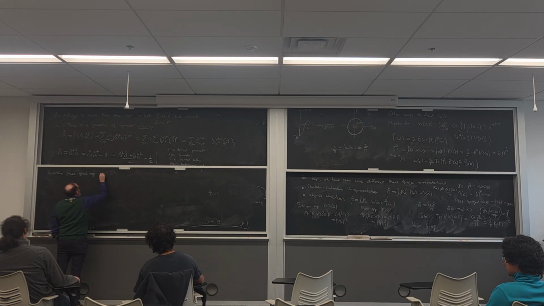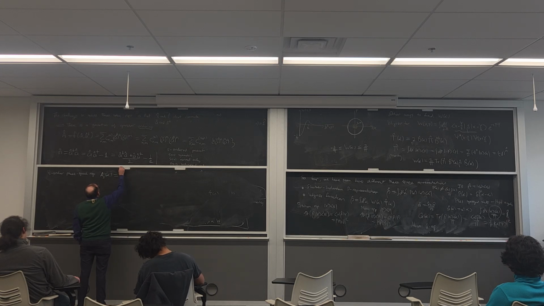Given the operator, I'm going to call the S-ordered representation of that the S-ordered power series where I set A equal to alpha and A dagger equal to alpha star.